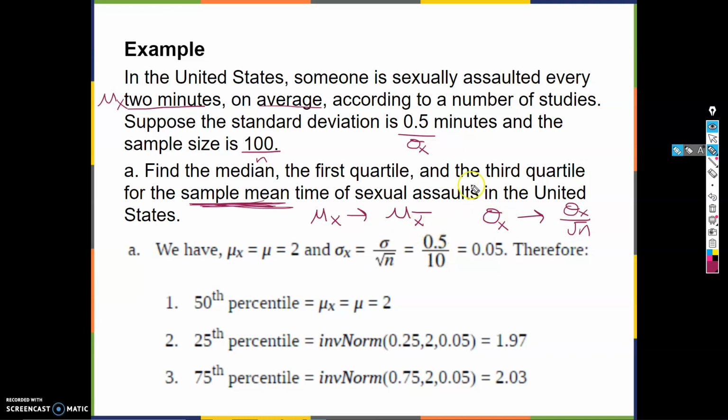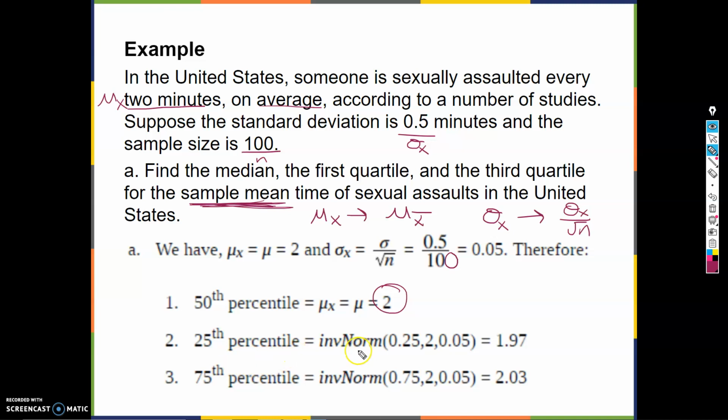Sorry, this is supposed to be 100, because n is 100, not 10. The 50th percentile is the mean, which is the median, which is all the same. So that's 2.